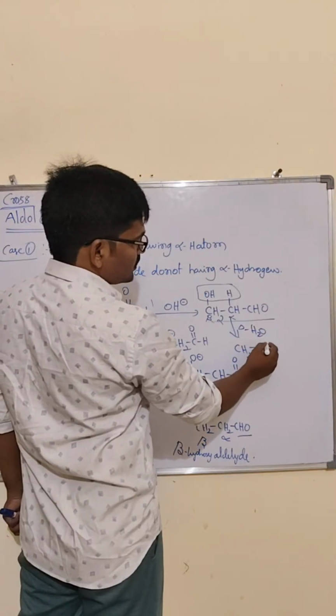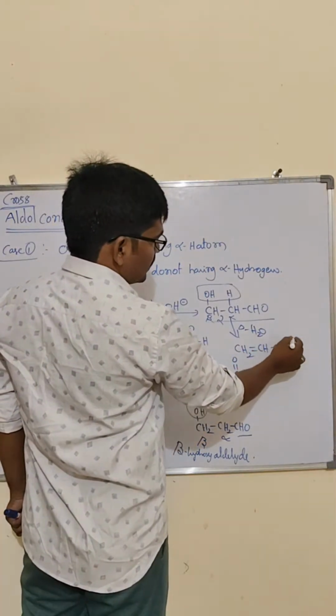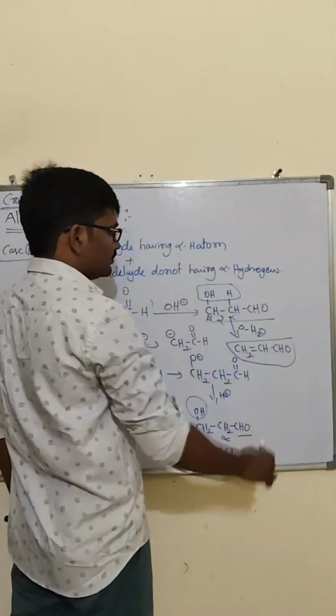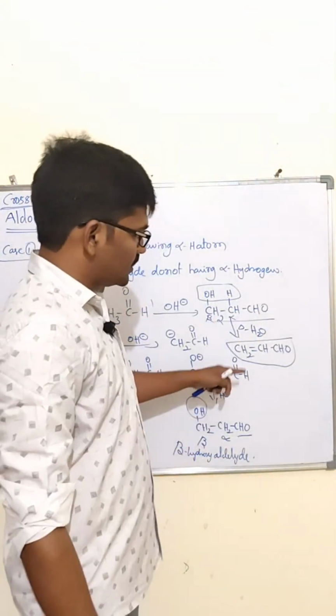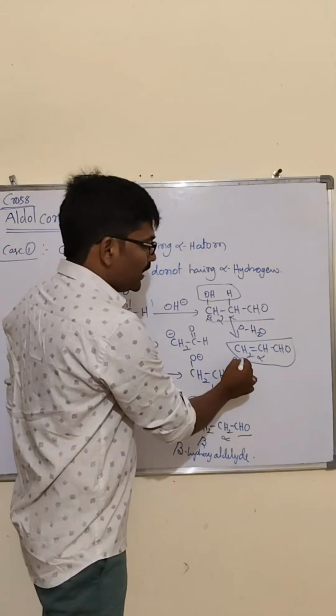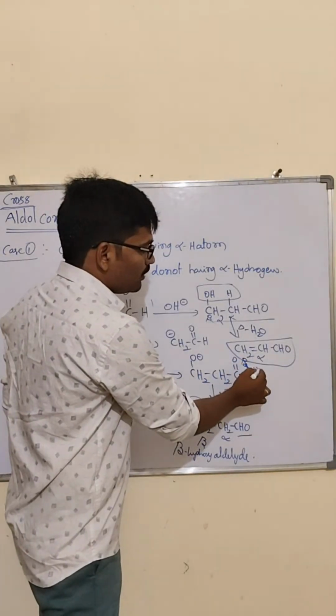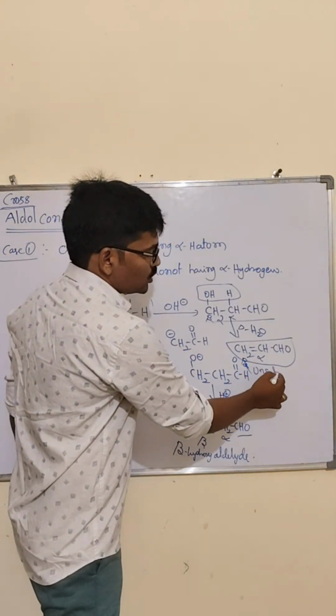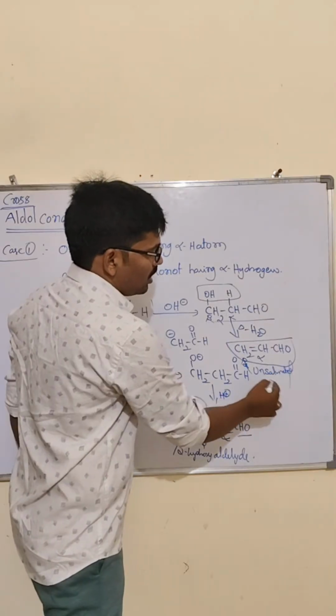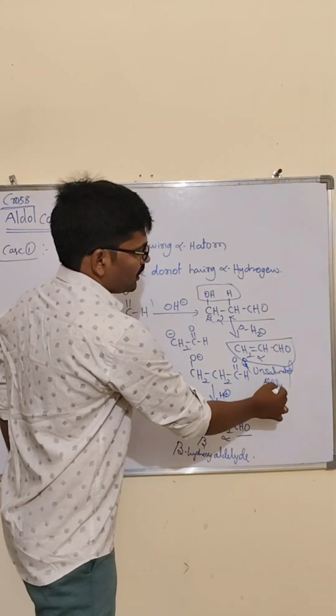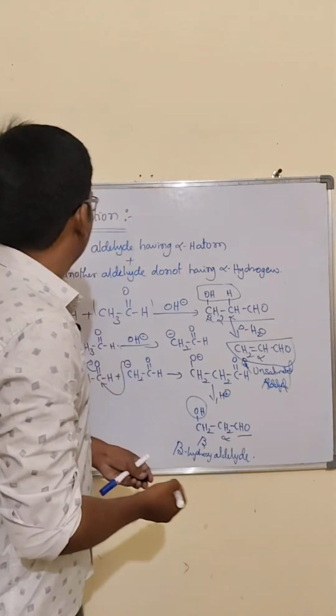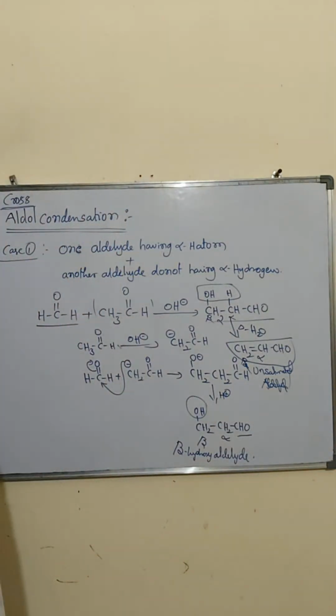CH2 double bond CH bond CHO. So like this will be formed. Clear, my dear students? This is an alpha beta unsaturated aldehyde. Understand? Right? So this is case number one.